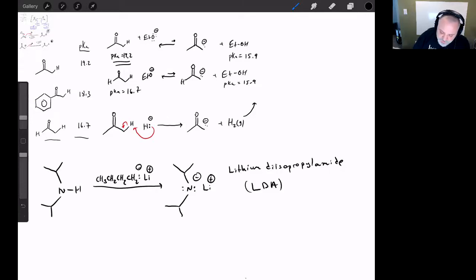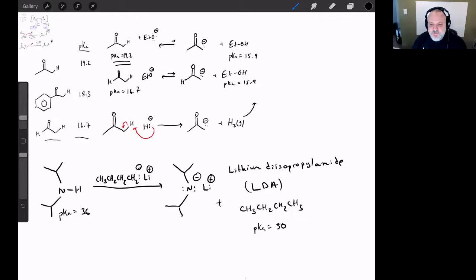Now, the other product of this reaction is butane. And we can go back to our acid-base chemistry and think about pKa's. pKa's of amines are in the neighborhood of 36. The pKa here is in the neighborhood of 50.